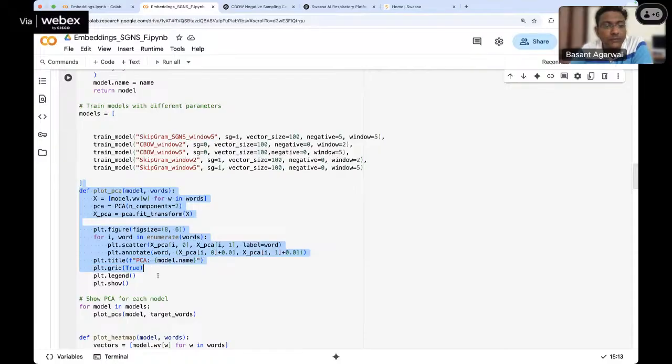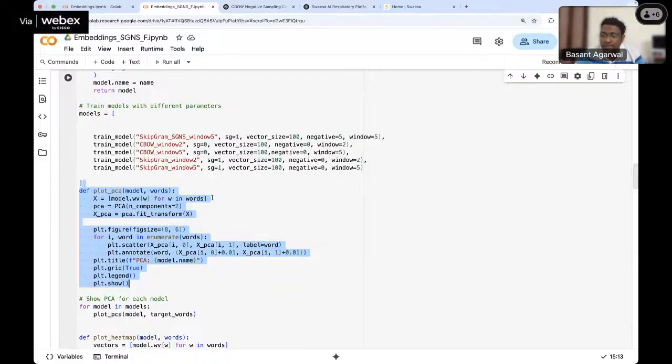This is the function for plotting the 100-dimensional embeddings in 2 dimensions. For each word, which is a 100-dimensional vector, we use PCA to transform it into 2 dimensions so that we can visualize it. Otherwise, we cannot visualize 100-dimensional vectors.